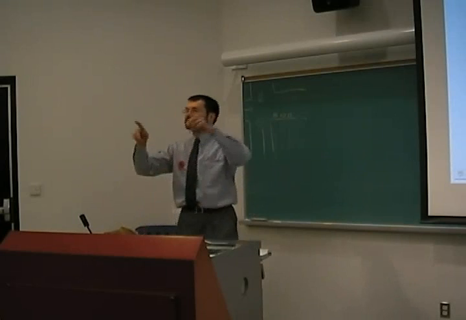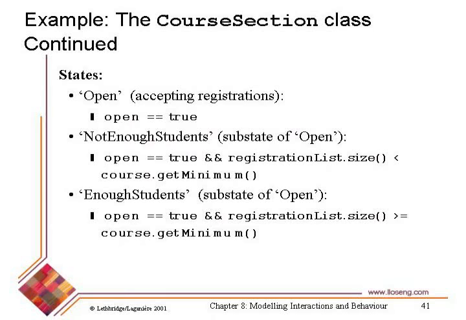Open is this big master state that surrounds not enough students and enough students. And open is simply controlled by the variable open is true. Are we in this open state or are we not? Not enough students, which is a substate, has open is true because we're in this superstate, and the registration list size is less than the minimum.